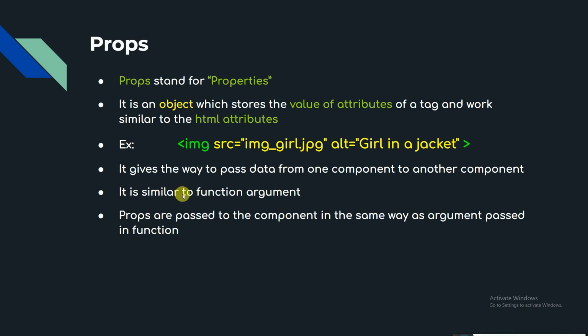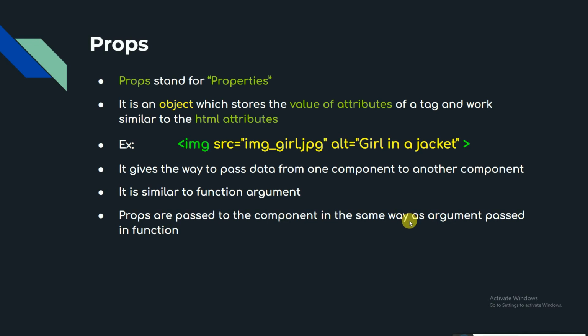It is similar to function argument. Just remember that it is similar to function argument. Props are passed to the component in the same way as arguments are passed in a function.